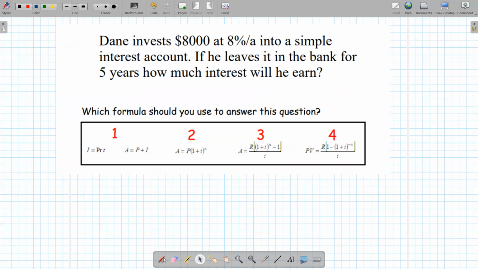So which one do you use? 1, 2, 3, or 4? 1. 1, right? So interest is P. What's P here? P is the amount. 8,000. Exactly. What's R? 0.08. What's T? 5. Yeah, you multiply all of these.